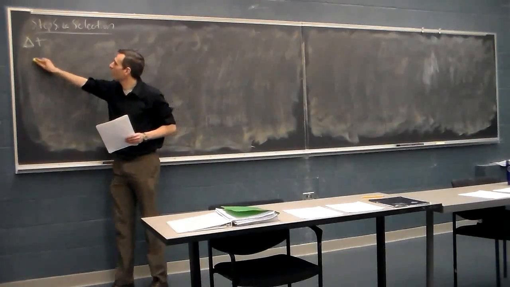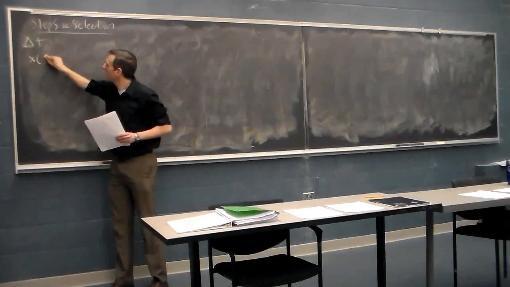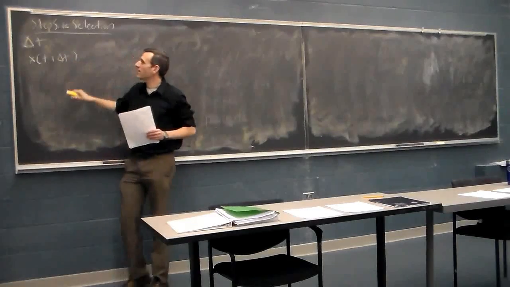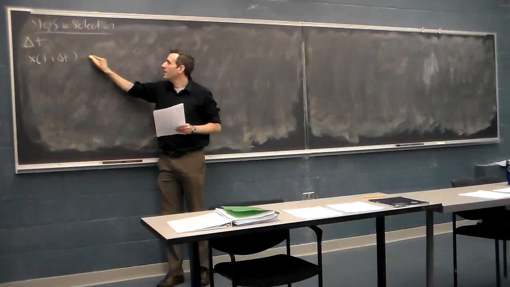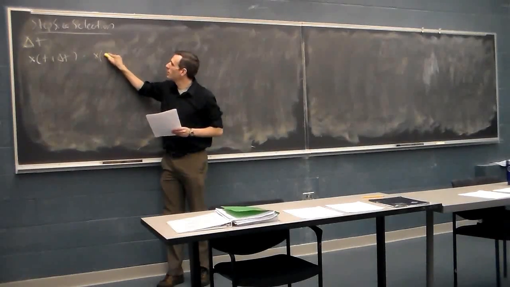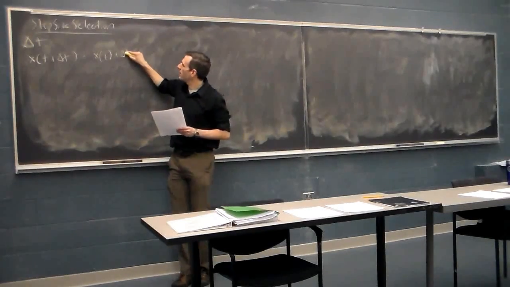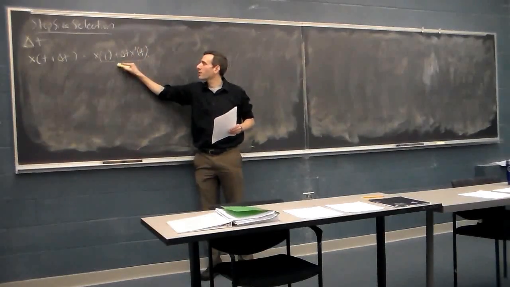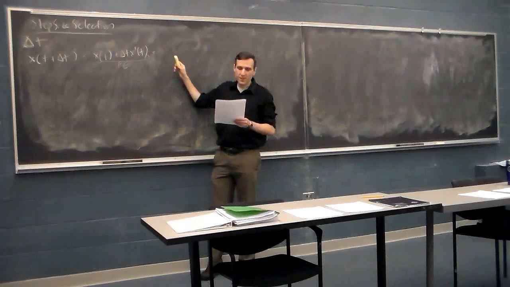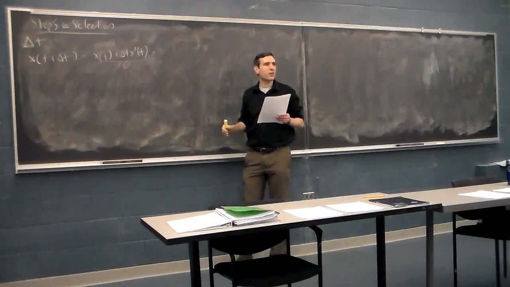So if we were using, for example, the forward Euler method, that's something we analyze by looking at a Taylor expansion of the term x of t plus delta t, and we could say that that comes out to x of t plus delta t x prime of t, which is the forward Euler iterator, plus an order delta t squared term.